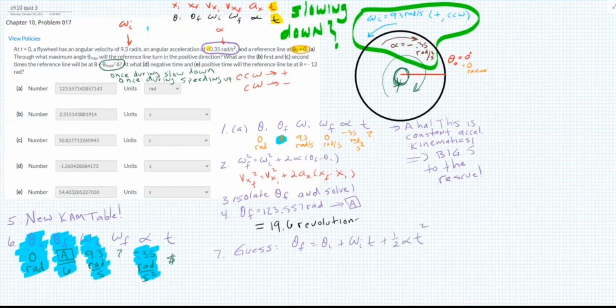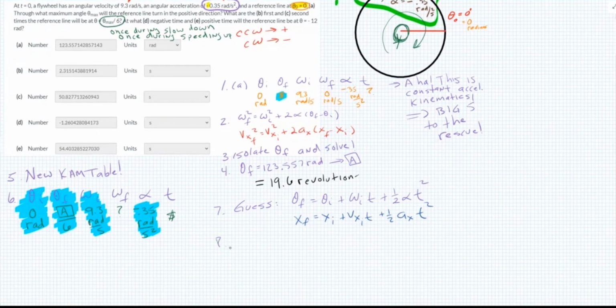Again, this is the rotational analog to X final equals X initial plus VX initial T plus 1/2 A sub X T squared. So they do seem to have that analogy between them. And then I guess we're going to solve for T squared. So there might be a little bit of processing here. It's not quite yet plug and play.